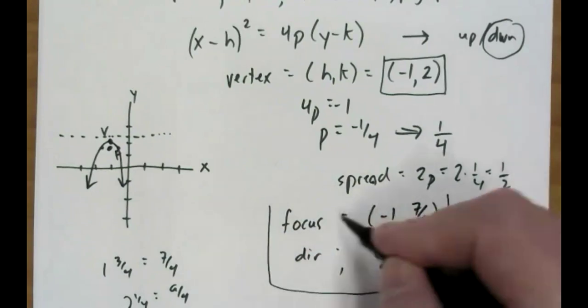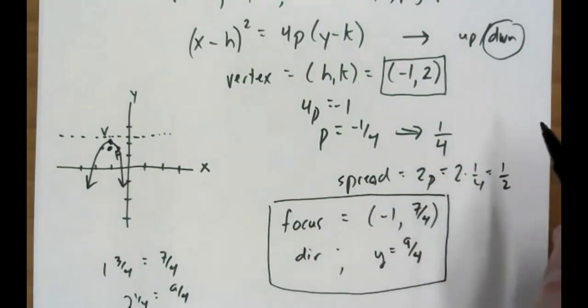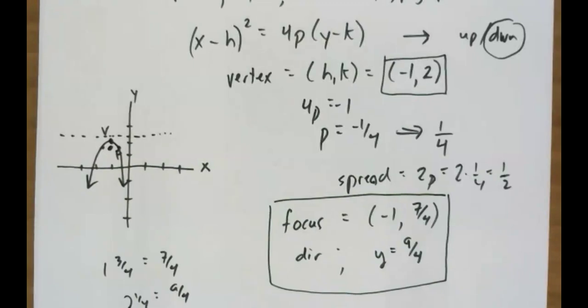So these are the 3 things I'm going to enter online, and then based upon that, I'm going to create the graph, which hopefully is precise enough.